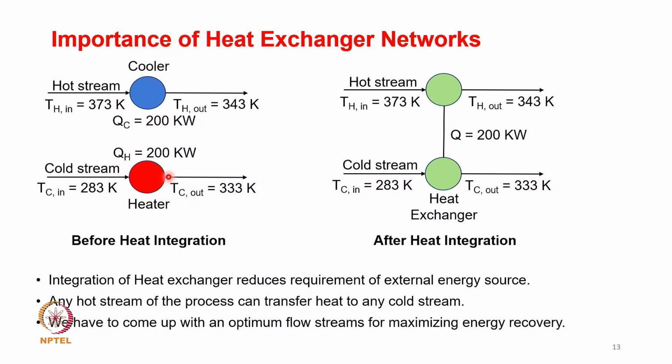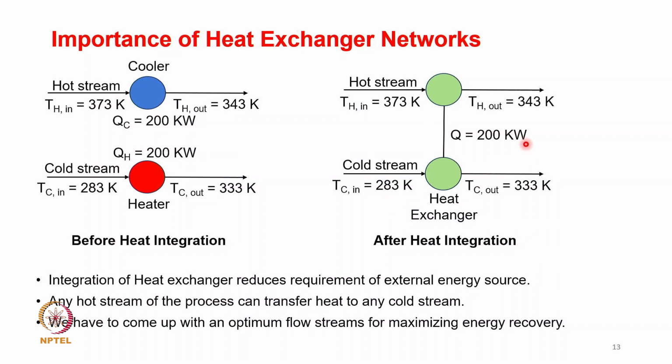This process of reclaiming heat is known as heat integration. So look at the case here. In the heat exchanger, what are we trying to do? You take away the heater and the cooler, and the hot stream at 373 Kelvin is passed through a heat exchanger, which is used to heat the cold stream at 283 Kelvin.